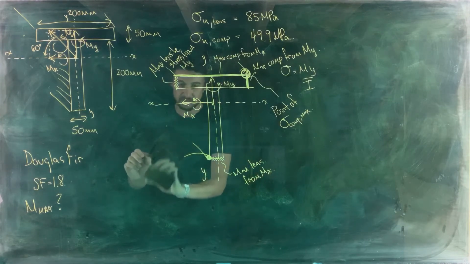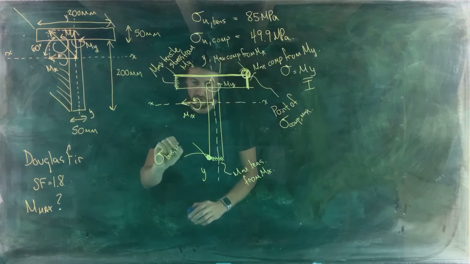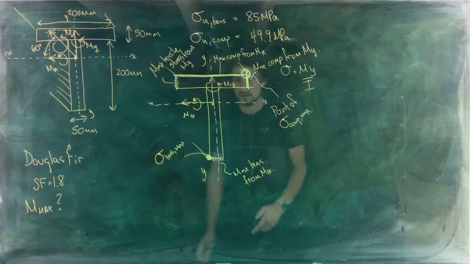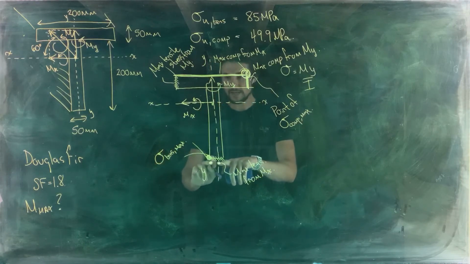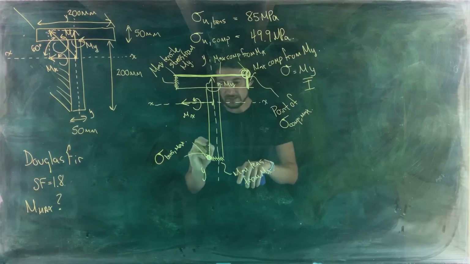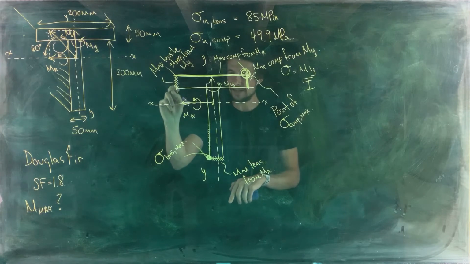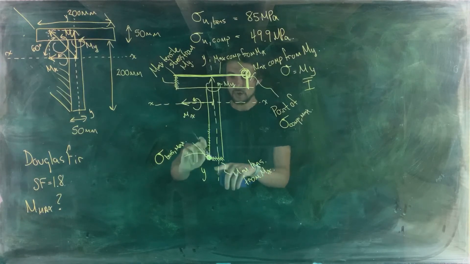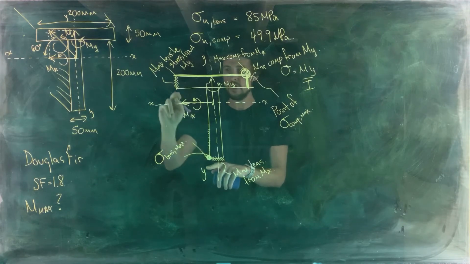Actually, let's write that in a similar way. Sigma tension max, right? So at this location, we have maximum tensile stress from Mx, and we do have tensile stress from My too, but it's not as high as the tensile stress over here. But still, we've got tensile stress being added to tensile stress in this corner.